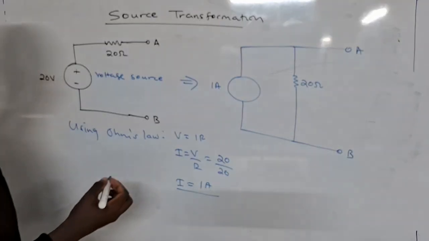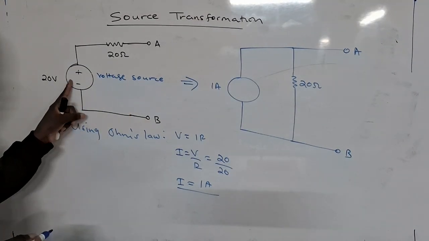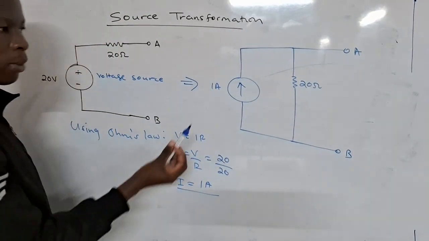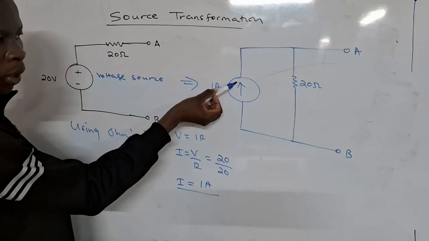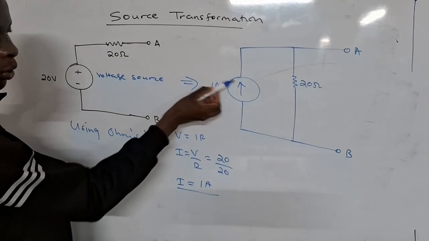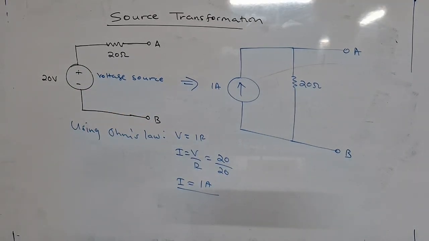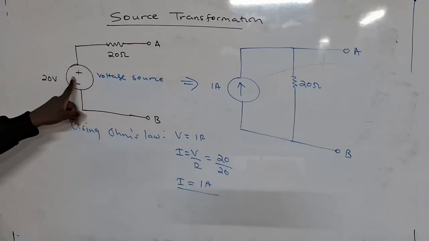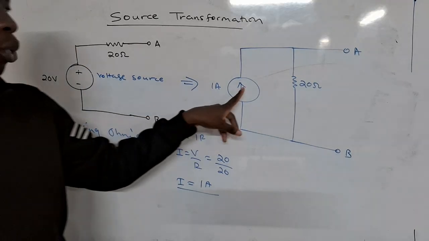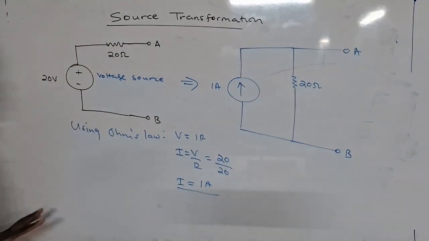What is the direction of current? This is the positive terminal of the voltage source and this is the negative terminal, so you put an arrow like this. The arrow always points to the positive terminal of the voltage source. So if you have a resistor and a voltage source connected in series, you can convert this into a current source and a resistor connected in parallel. You can do vice versa.